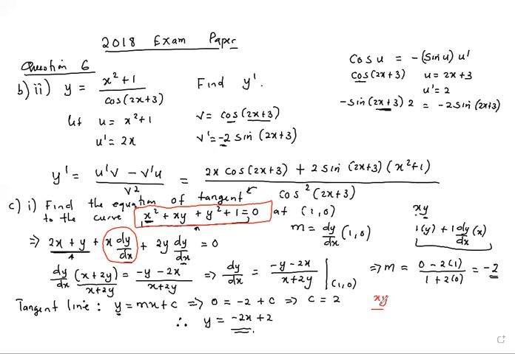You treat it as a product. In this product, you let u be x, v be y. Differentiate u, you get 1. Differentiate v, you get 1, but because it's y, you multiply it by dy/dx. And then it's u prime v plus v prime u.